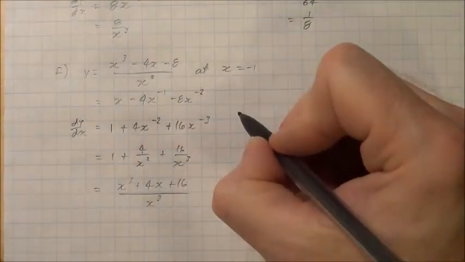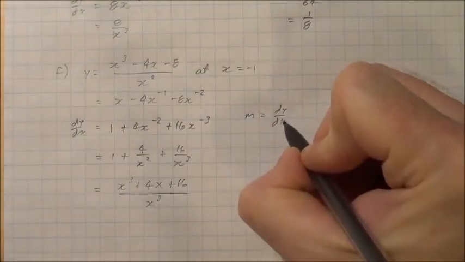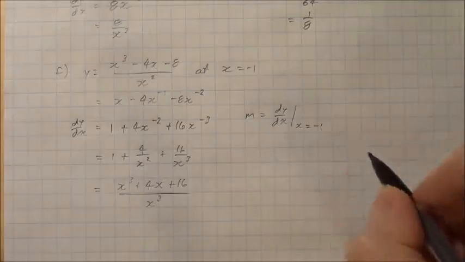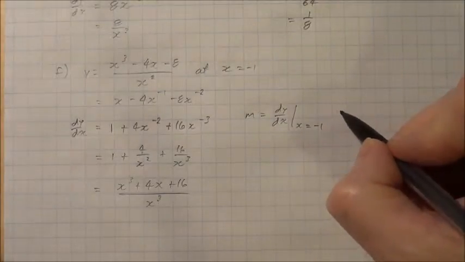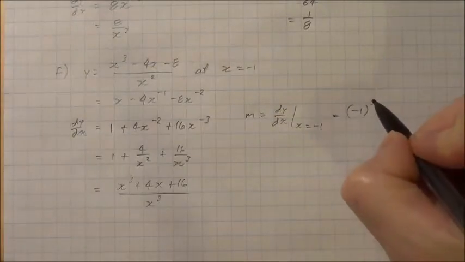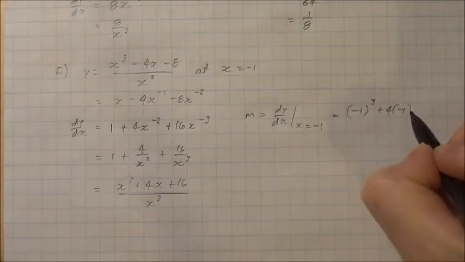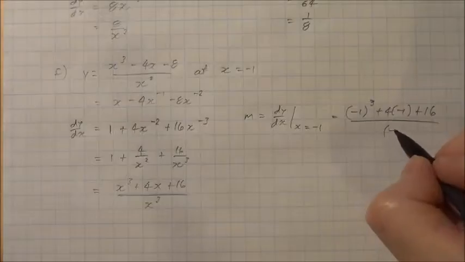Now when I determine the gradient, I take the gradient function and I evaluate that at x equals negative 1. And so that gives me negative 1 cubed plus 4 times negative 1 plus 16 all over negative 1 cubed.